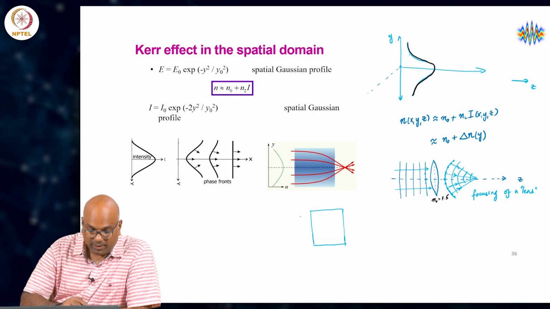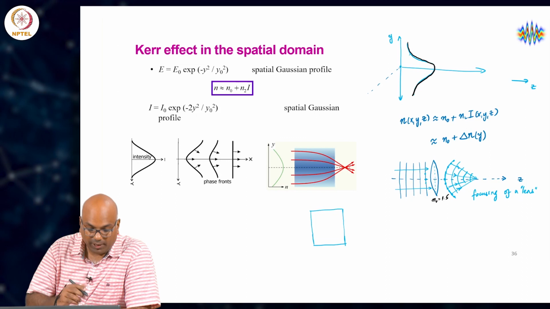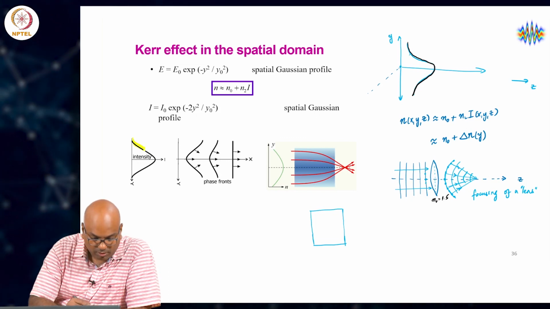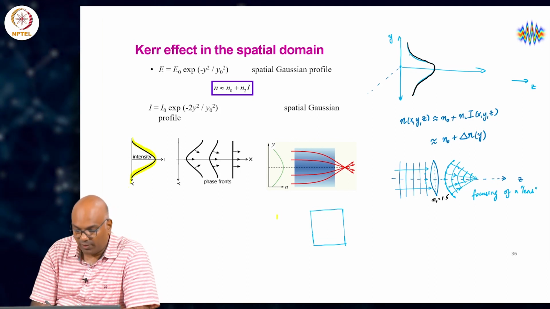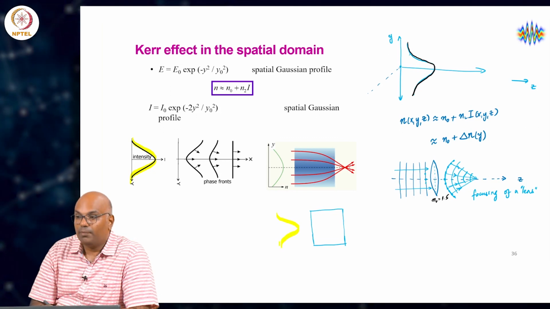A Gaussian beam, a beam with a Gaussian intensity profile, propagates through it as shown here. This is the intensity profile of the beam propagating through such a medium.